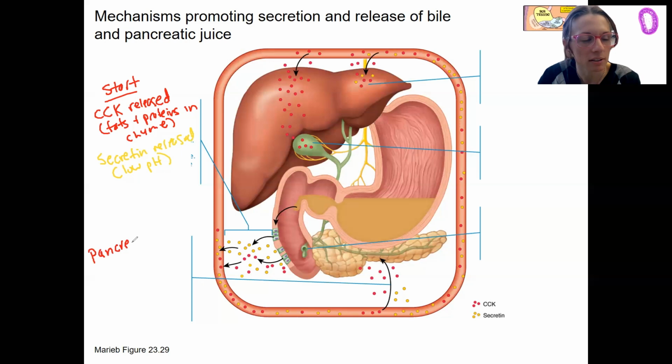At the pancreas, pancreatic enzymes are going to be released from the acinar cells. Then we've also, at the pancreas, got bicarbonate release. These are released together as pancreatic secretions.